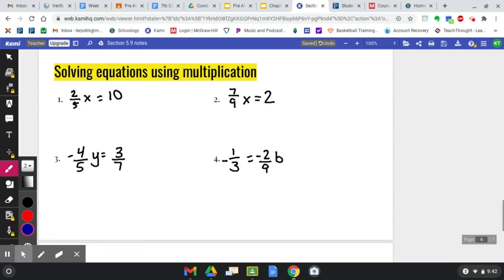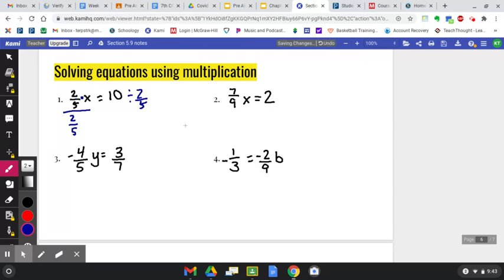All right, solving equations using multiplication. And I'm first going to show you how it's related to division. If we look here, this is really 2/5 times x. So maybe saying, well, we should divide both sides by 2/5, right? And I'm going to write it like this so we can see.